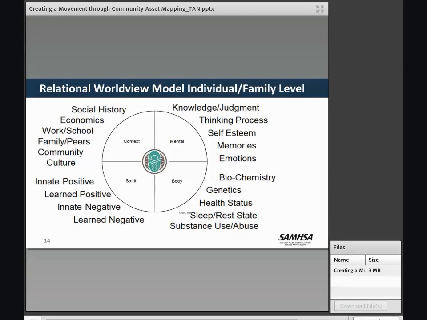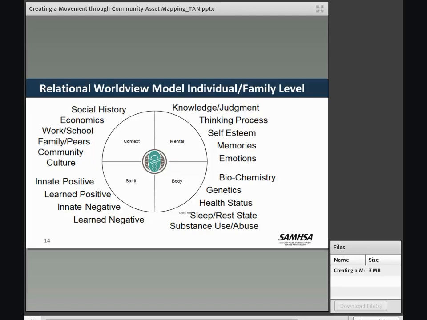So just to talk a little bit about the framework that we use, the Relational Worldview model. In this, you'll see this as the individual or family level. When we look at it on our individual or family level, we have the context, the mental, the body, and the spirit, and those 4 quadrants make up that model. In the context, we're looking at our social history, economics, our family, our culture.